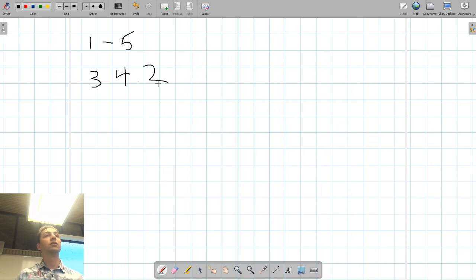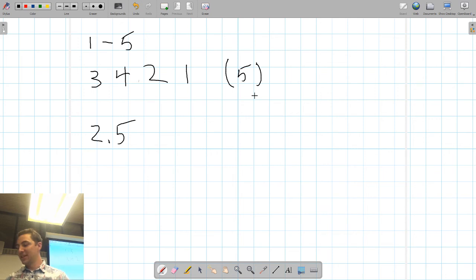Another. 1. Somebody pick another one. There we go. All right. 2.5. We got there eventually. Everybody was going and saying, all right, 1, 2, 3. I'm surprised 5 didn't come out, but 5 is an option. 5 is an integer. 1 is an integer.